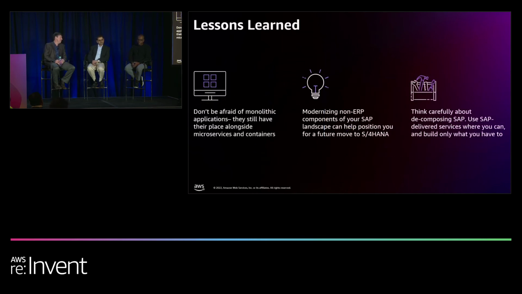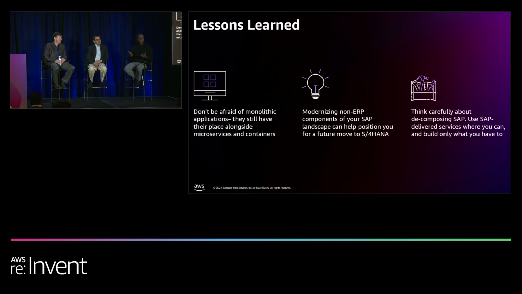Yeah, so I can take that. So one of the lessons we talked about in the beginning is don't be afraid of the monolith, right? There's a trend in the industry, everybody says everything has to be a microservice. You've got to break down every single thing to a single domain, have a microservice, have a database behind it. Even though that is the trend, SAP has invested 20 years of engineering into it. There is a reason why SAP exists in the market, right?